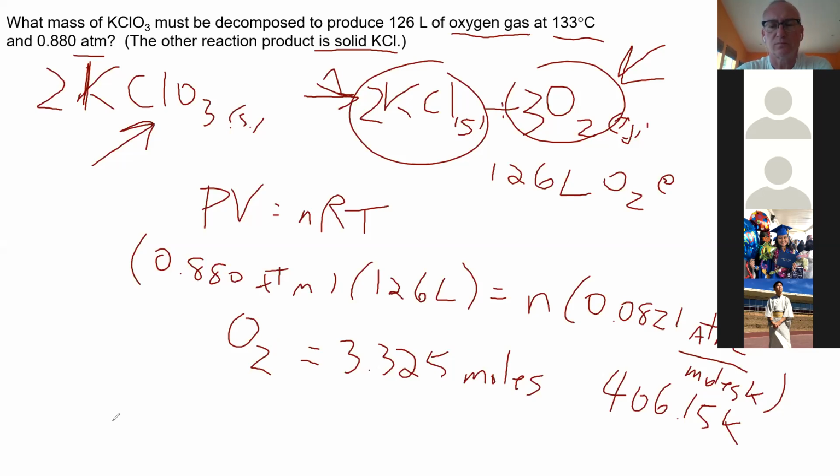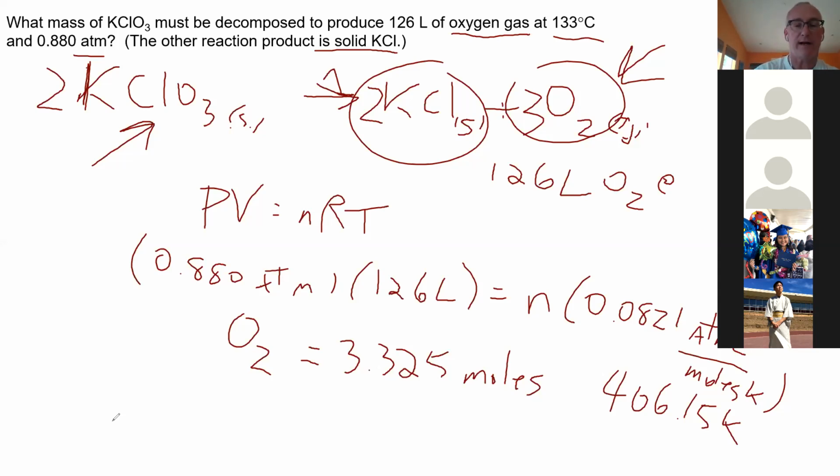Use the ratio given from the balanced equation. Exactly. What is my ratio? Is it 3/2 or is it the other way? It depends. What's the relationship of perchlorate to oxygen?